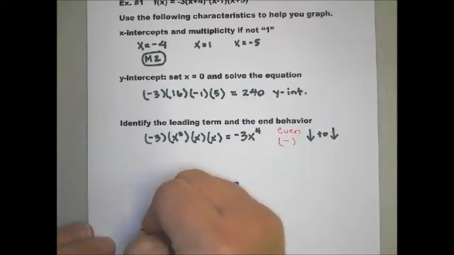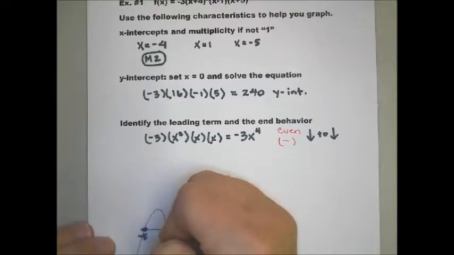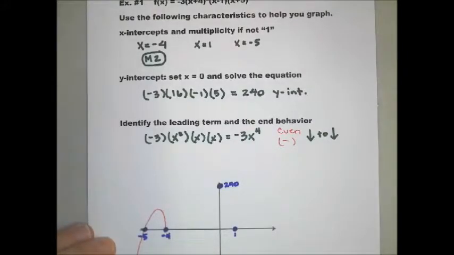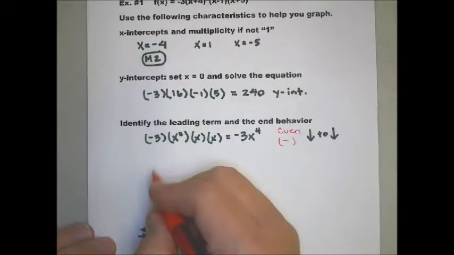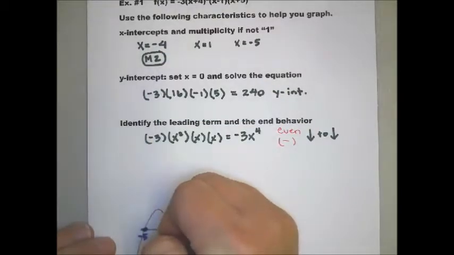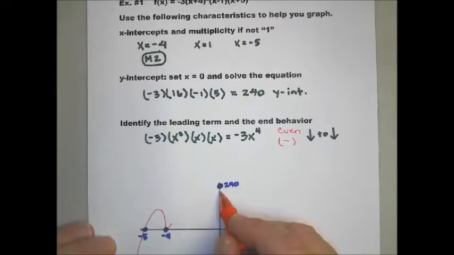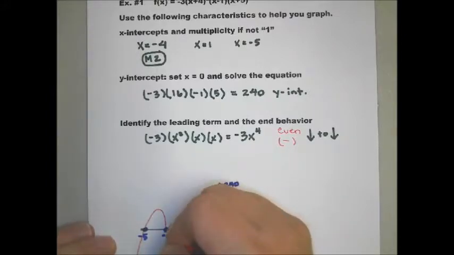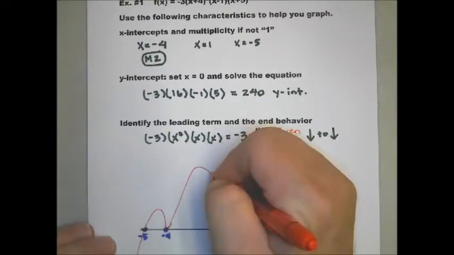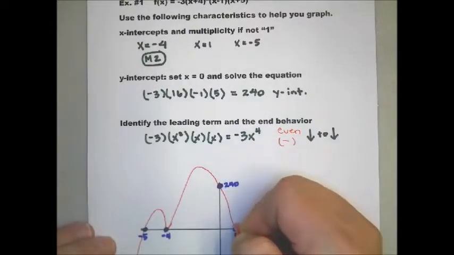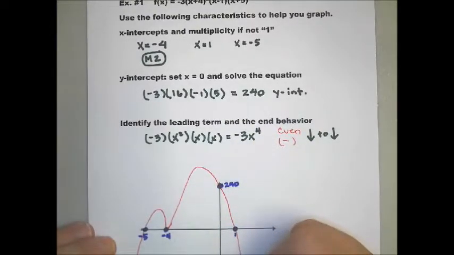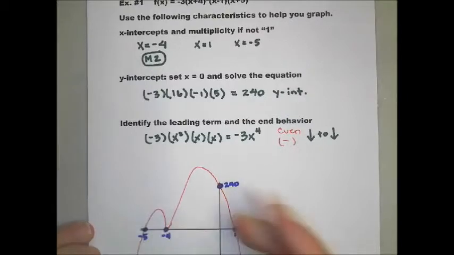Let's pass through. Let's turn. And then what happens when we hit negative 4? Negative 4 was multiplicity 2. So that means I need to bounce at negative 4. And then I have to come up and hit 240. And then on my way down, I have to hit 1, and I have to pass through again.